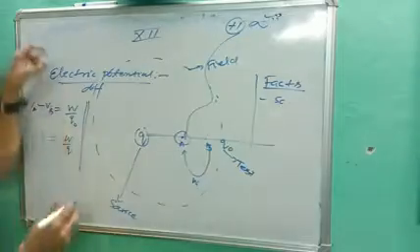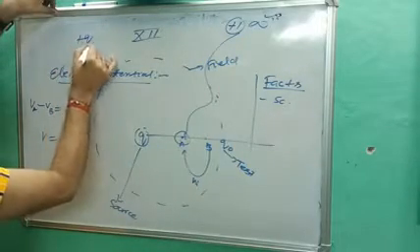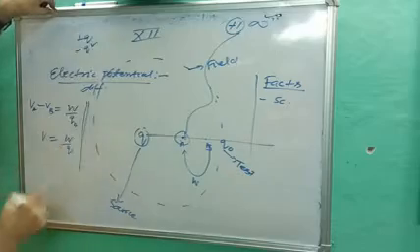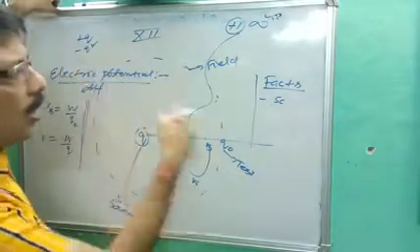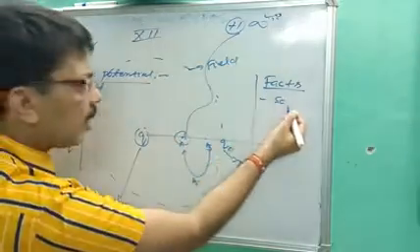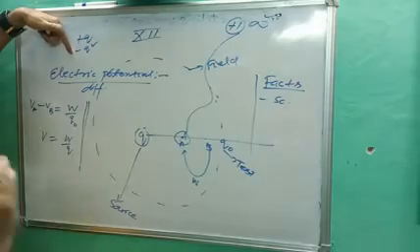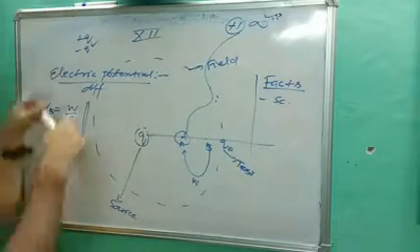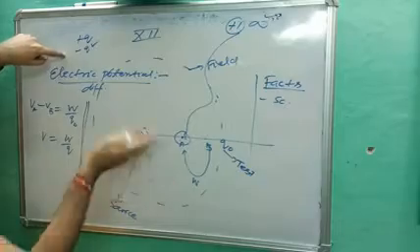While potential is a scalar quantity, it means plus Q is taken as plus Q and minus Q is taken as minus Q. This is a very important difference between field, force and potential. If plus Q is given, you write plus Q. If minus Q is given, you have to write minus Q. While in electric field, plus Q is always plus Q and minus Q is again plus Q, because they come by direction.